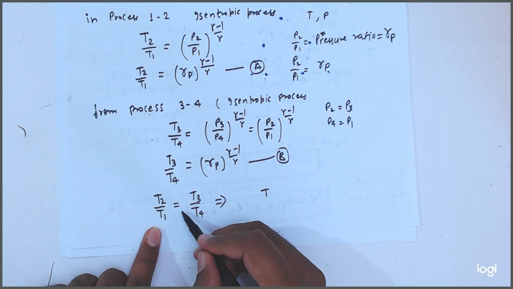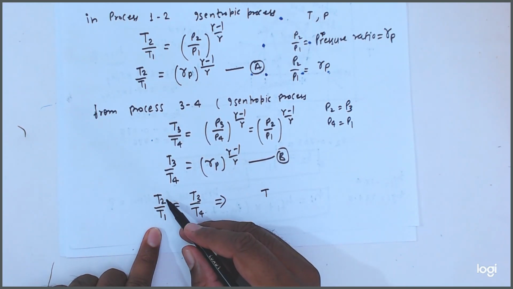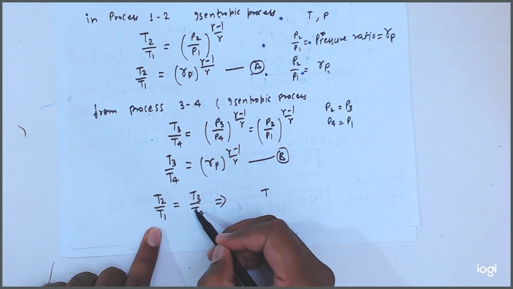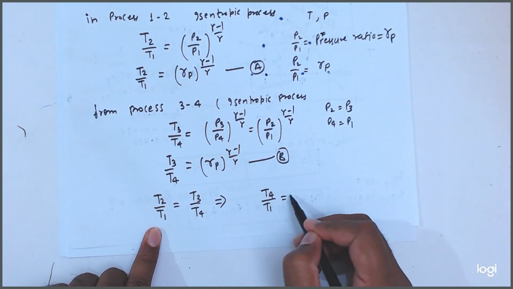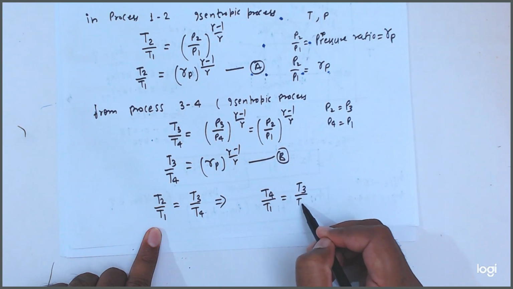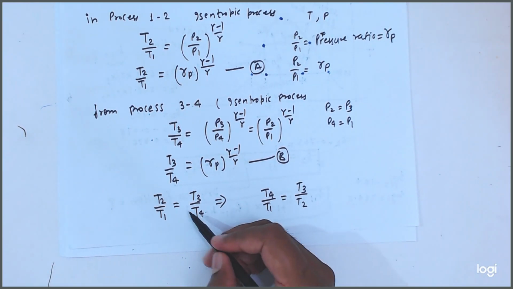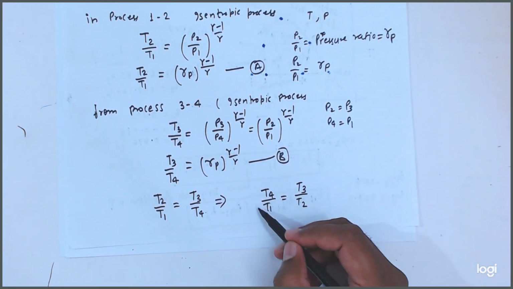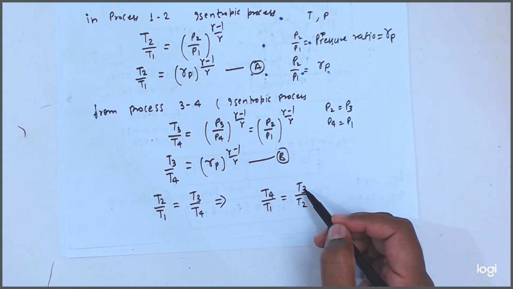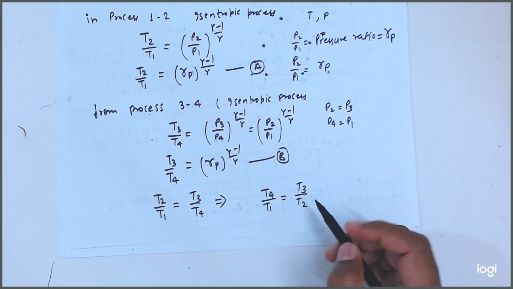Just cross multiply. We can say this T4 we will take here and T2 we will take here. So T4 by T1 equal to T3 by T2. So just interchange here. Okay, and we will get T4 by T1 is equal to T3 by T2.